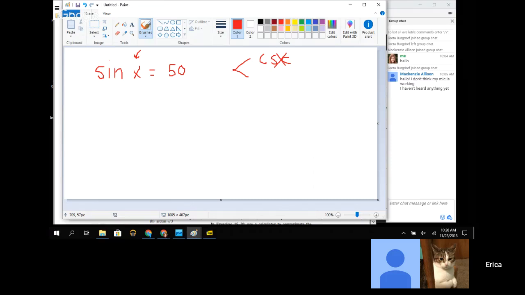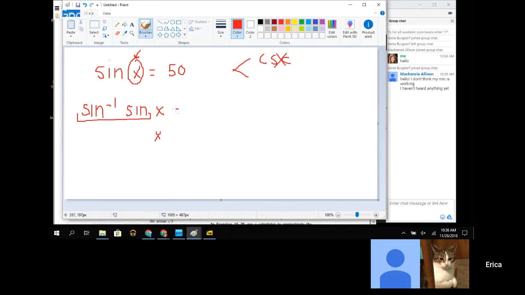In order to get x by itself, what you have to do is use the inverse function. So if I take the inverse sine of the sine of x, the inverse basically undoes the sine function, and you're left over with x.